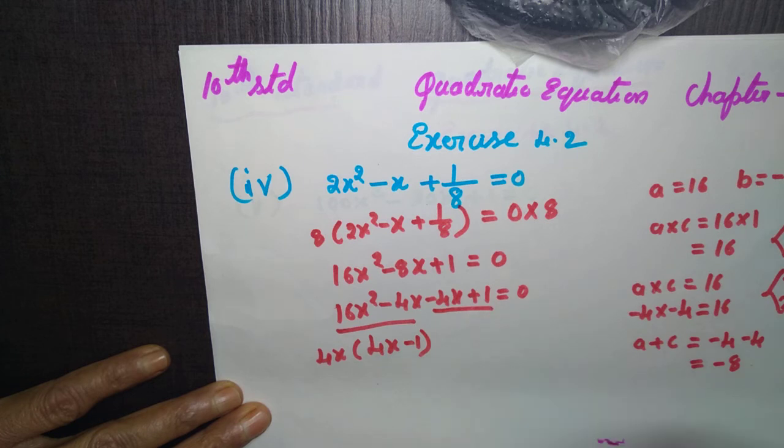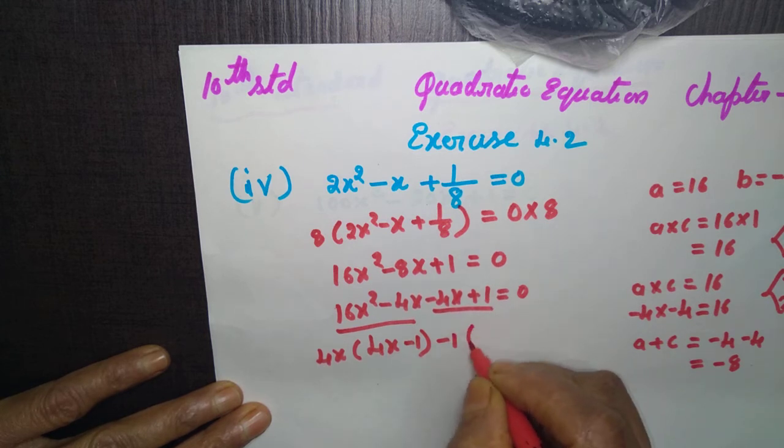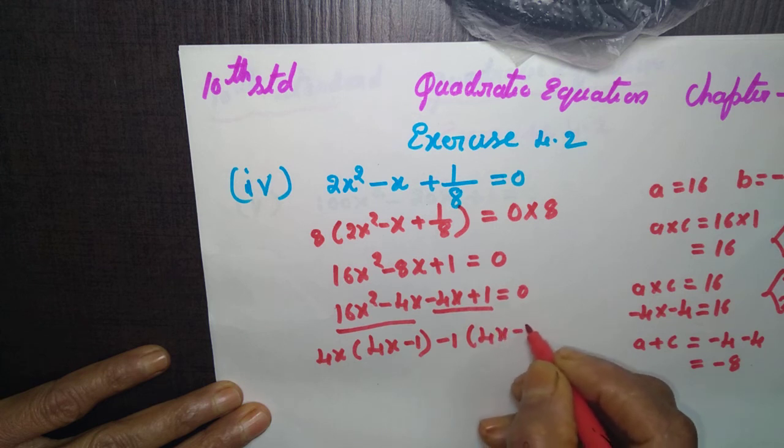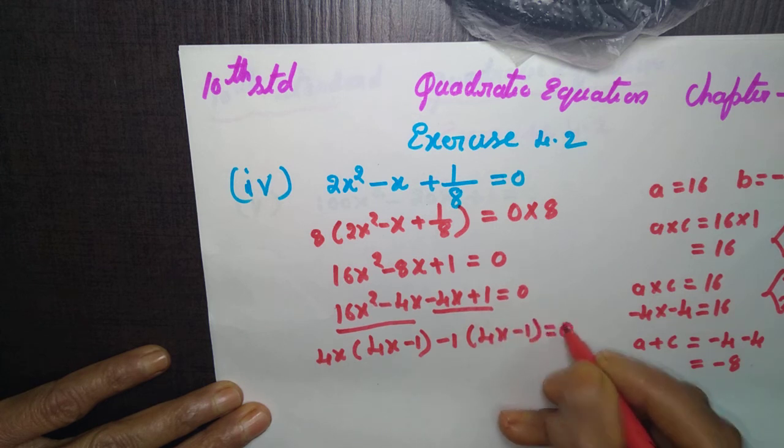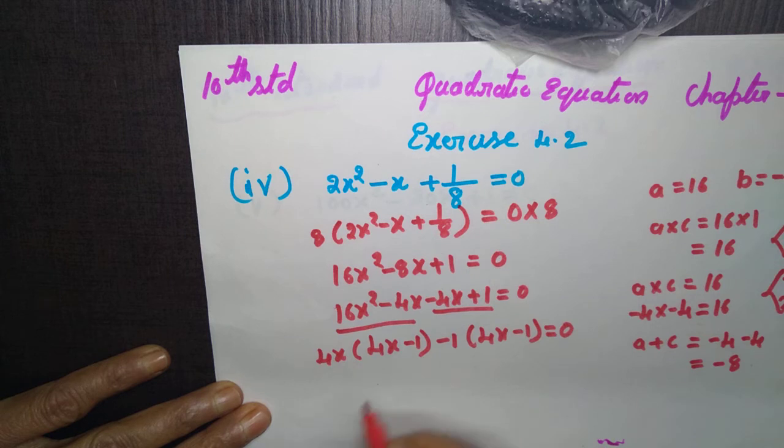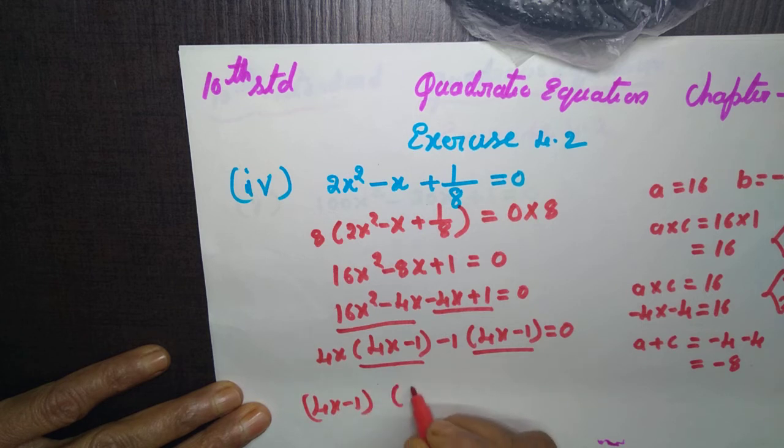In the last two terms nothing is common, therefore take minus 1 as common, that is 4x minus 1. Then 4x minus 1 is again common, take it out: 4x minus 1 into 4x minus 1 is equal to 0.